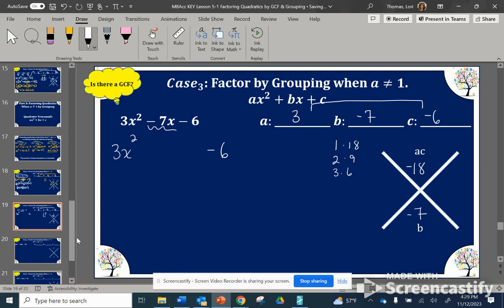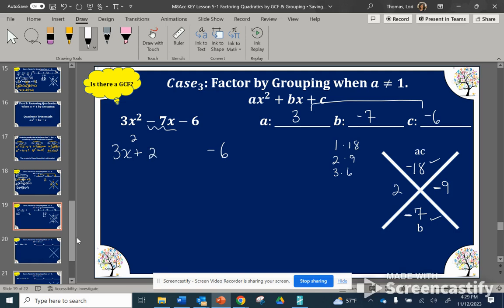So which of these would give us a 7? 2 and 9. So I'm just going to put the 2 and the 9. Now we need to decide which one needs to be negative. Well, we have a negative 7, so the 9 needs to be negative. And so 2 times negative 9 is negative 18, and the sum of these two numbers gives us negative 7.